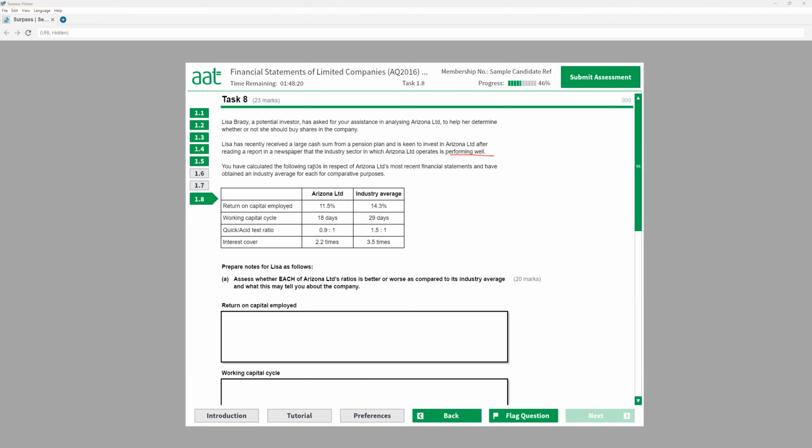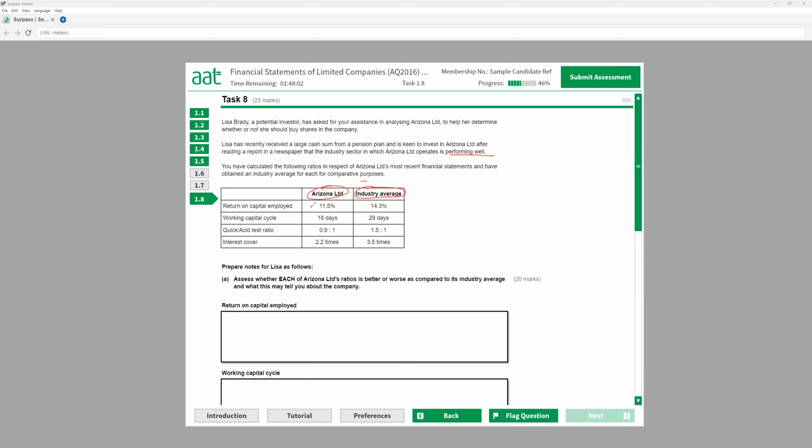We have calculated the following ratios in respect of A Limited's most recent financial statement and have obtained an industry average for each for comparative purposes. So this is the performance for A Limited and also the performance in the industry.